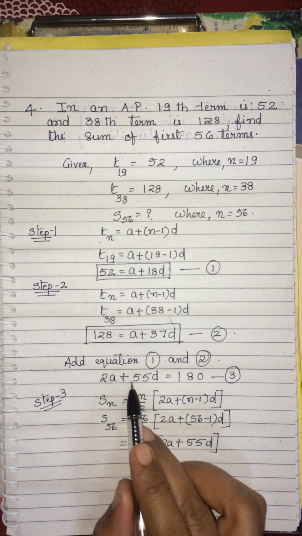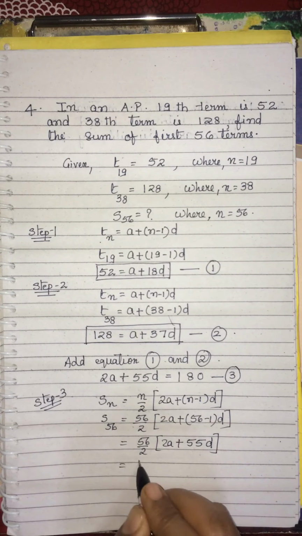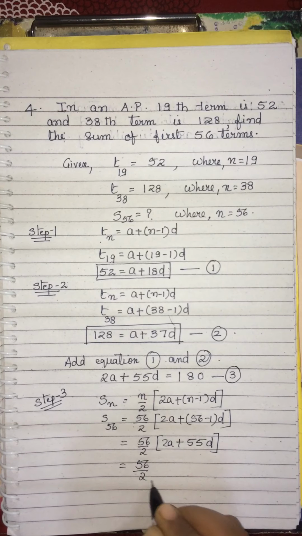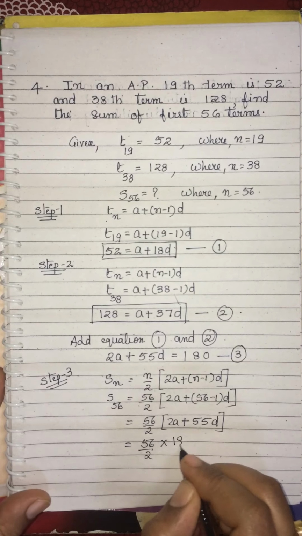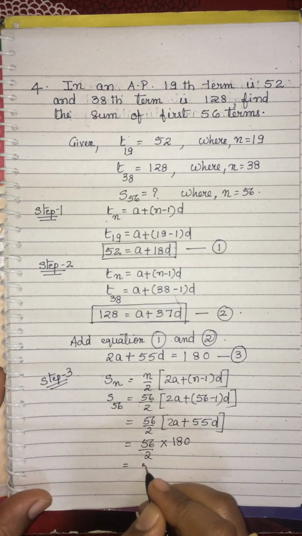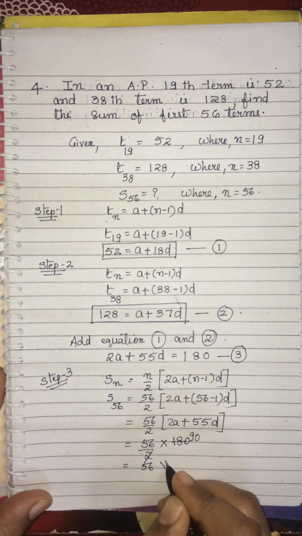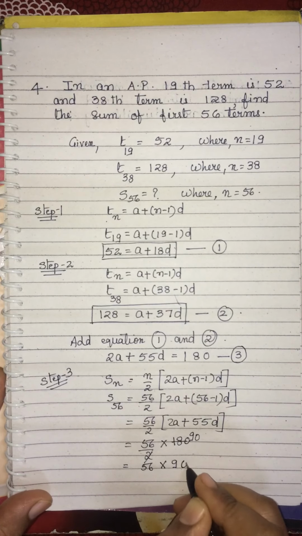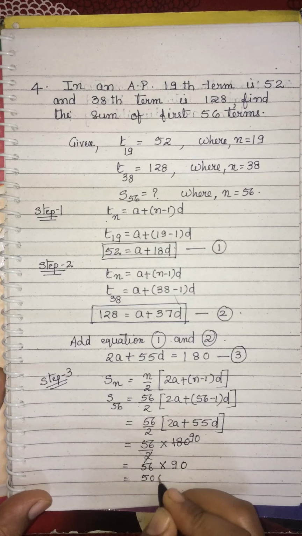So in place of 2a plus 55d we can put 180. So it gives us 56 upon 2 multiplied by 180, that is 56 times 90, and we get 5040.